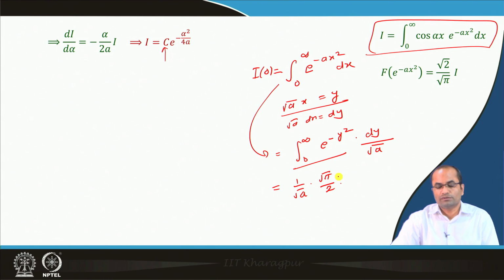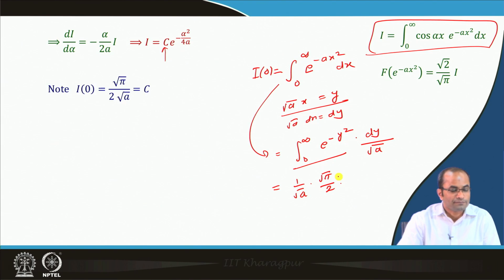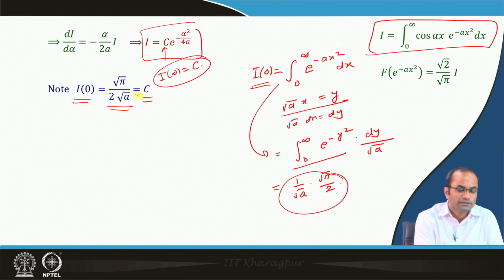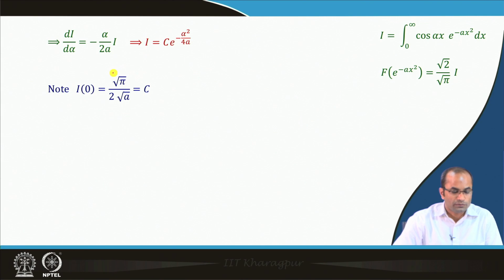We have also used this in previous lectures. So, the value of this I naught which we have just evaluated here is square root pi by 2 over square root a, and that is exactly the value of the constant, because if we put alpha equal to 0, we have only the constant term there. So, this constant is nothing but this value of I at 0.